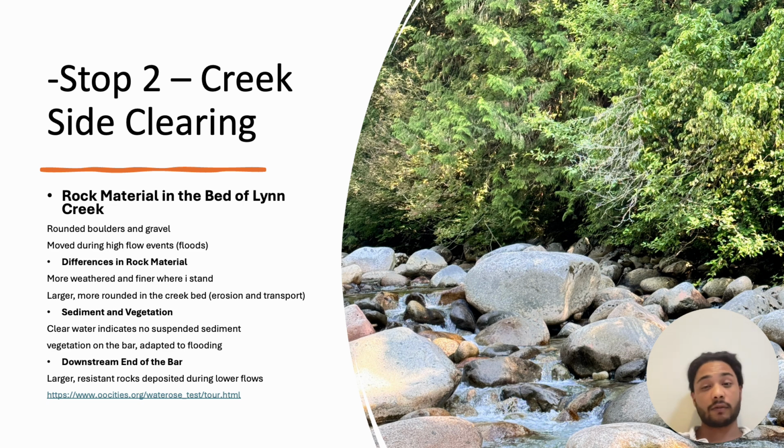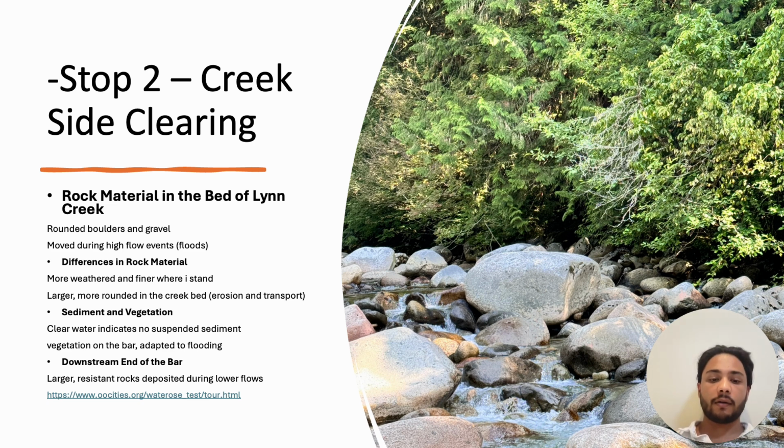Larger, more resistant rock types are present at the downstream end of the bar, deposited during lower flow conditions. We can also see upstream the bedrock. The bank is undergoing erosion due to water flow, which undercuts and destabilizes the bank material.